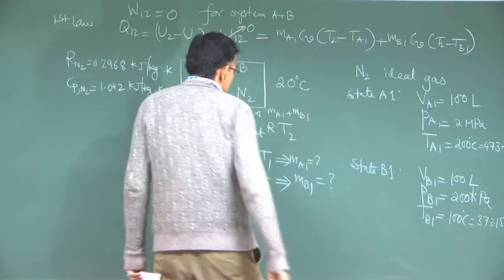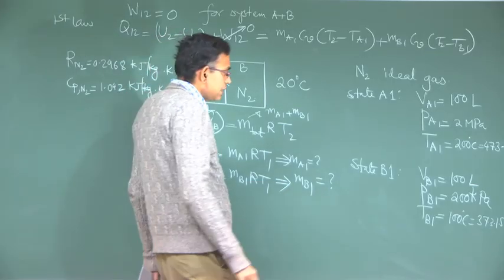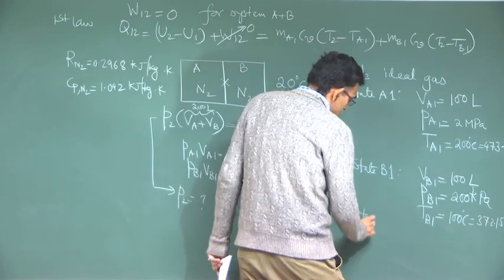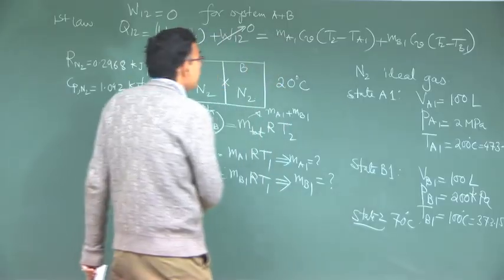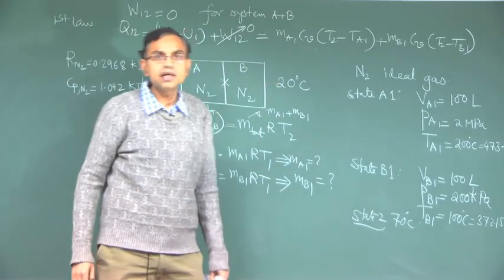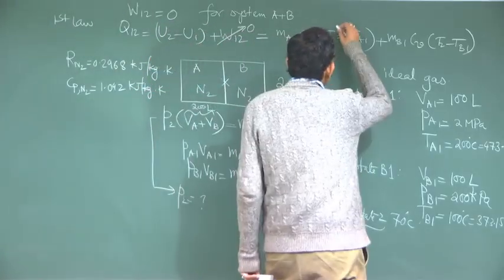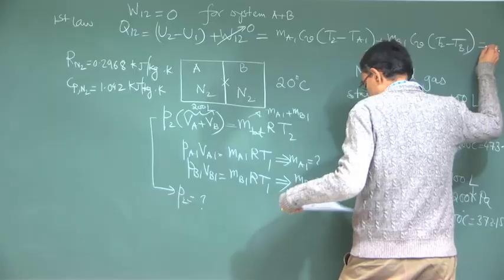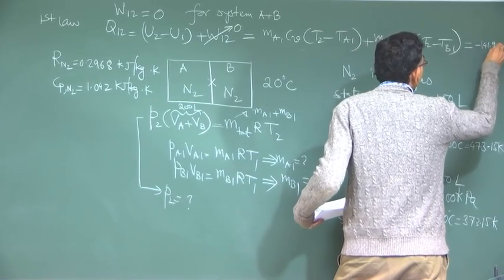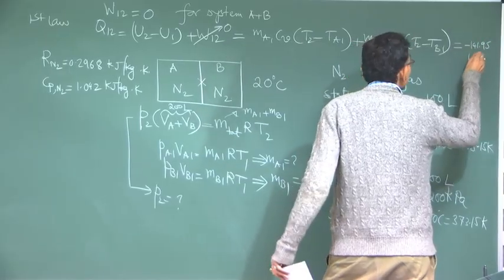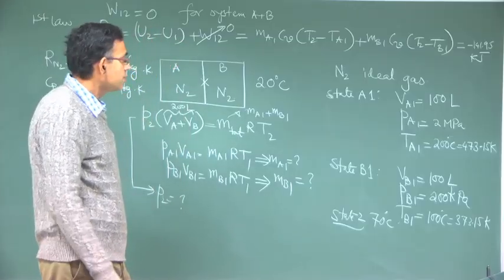The final temperature is 70 degrees centigrade. So, at state 2 you have 70 degrees centigrade, and pressure also you have found out. Here pressure is not required, because the internal energy of an ideal gas is a function of temperature only. So, you substitute all these values and you can get the heat transfer. So, this is minus 141.95 kilojoule.